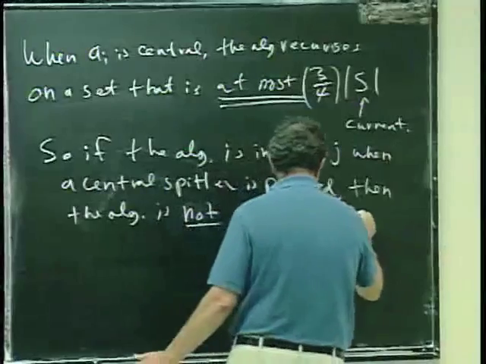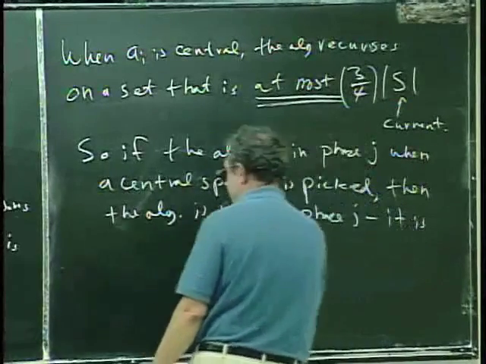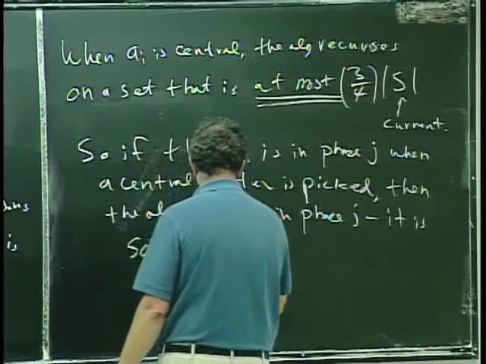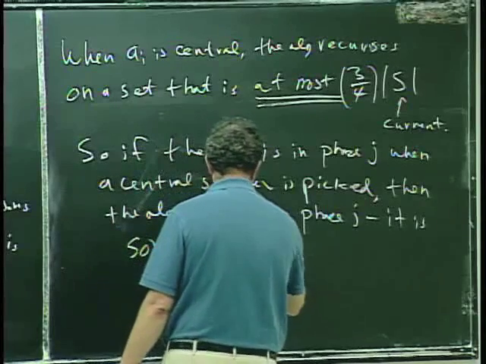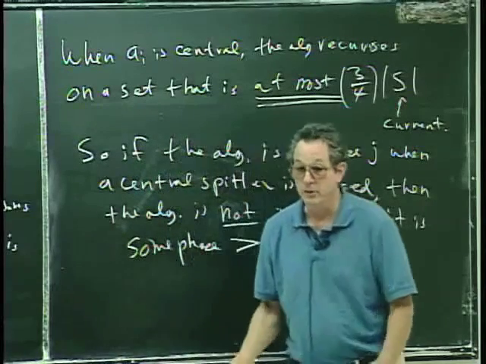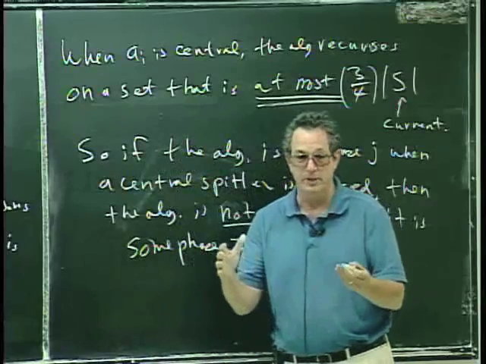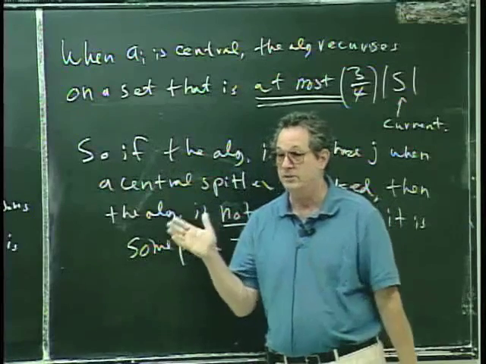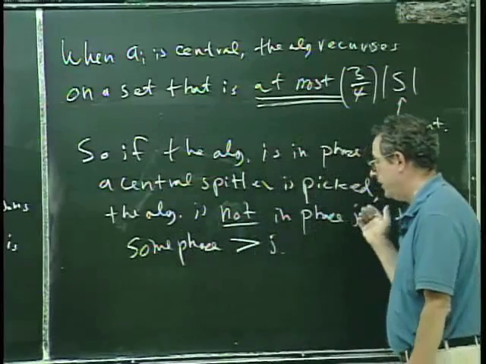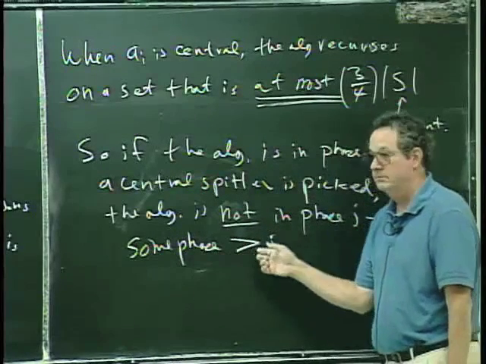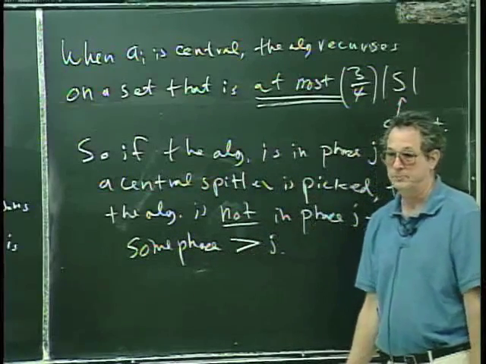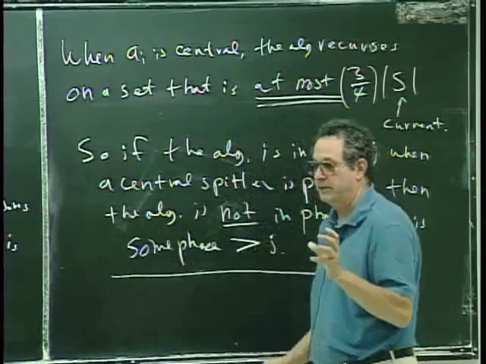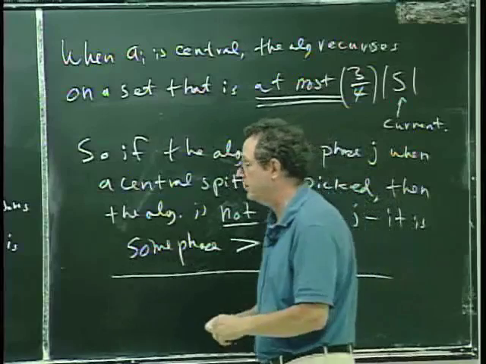What phase is it in? It is in some phase greater than j. Again, I don't know for sure it's in phase j plus 1. It really depends on how much S really shrank. But what the analysis says is that it can't be in phase j anymore. It's got to be in some bigger phase. Okay, so I know there's a lot of pieces to this argument, but hopefully things are proceeding logically.